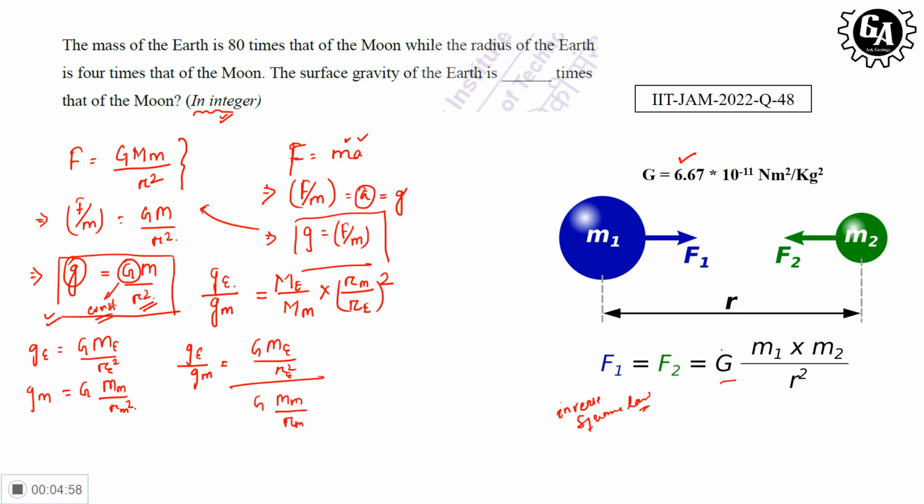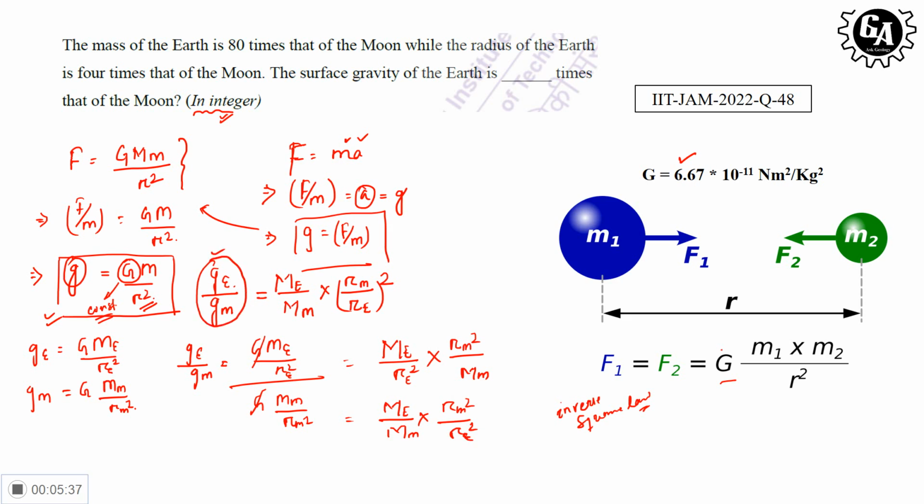So G will cancel out, then the rest will be Me by Re square into Rm square divided by Mm. This is mass of Earth divided by mass of Moon, into radius of Moon square divided by radius of Earth square. And this is the ratio of the surface gravity of the Earth to the Moon.